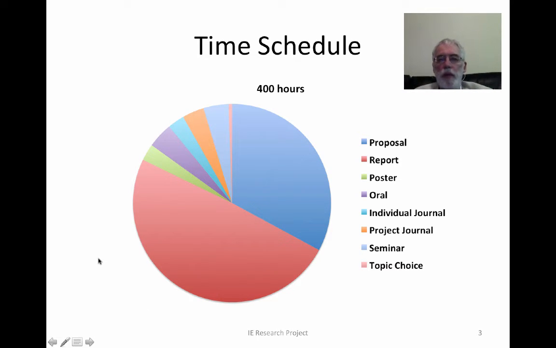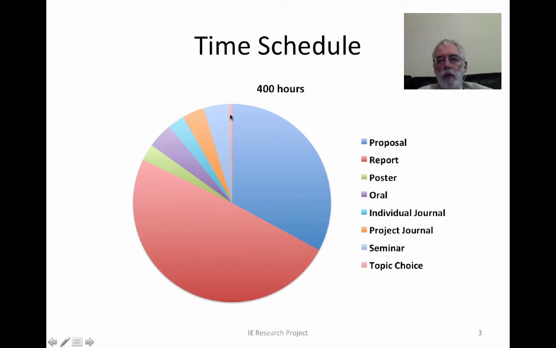Now, the number of activities might seem rather large, and you're thinking, well, how can I fit all this in? I just wanted to show you this, which is my expectation of how you might spend your time. This is a 25-point subject, so we would expect about 400 hours of total work to be contributed to the project.